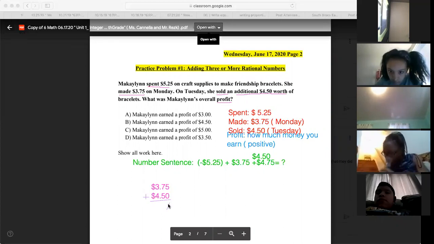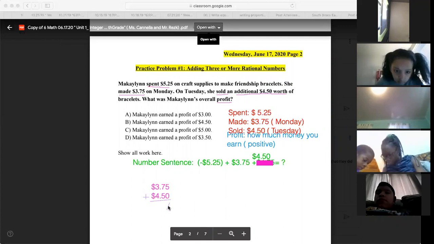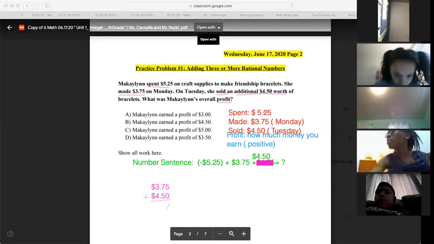So we're going to add this up, Demi, where it's in pink, and you're going to write, thank you, Demi, $8.25. Then we're going to take $8.25, and here we should have a negative. This should be a negative amount here. And we're going to subtract it from $5.25. So this is what it should read. This actually is going to be $8.25.